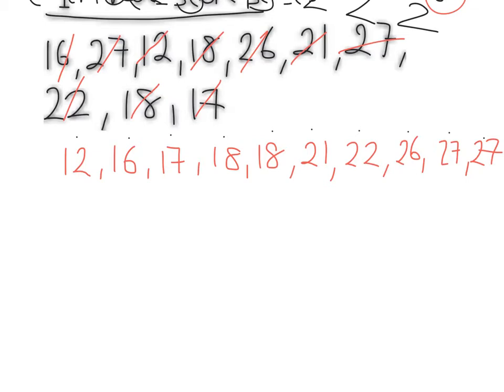If it was an odd number, it would lie on a number. So for an even number, it's in between two numbers. So just check. You've got 1, 2, 3, 4, 5 numbers that way, 1, 2, 3, 4, 5 numbers that way. So it's halfway in between 18 and 21, and that is 19.5, and that is Q2, the median.